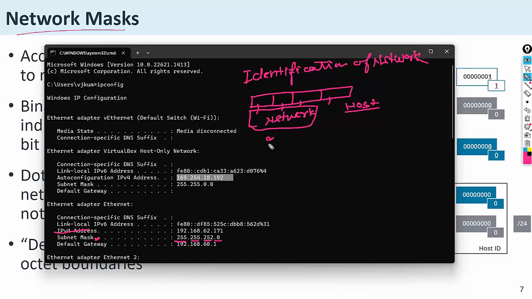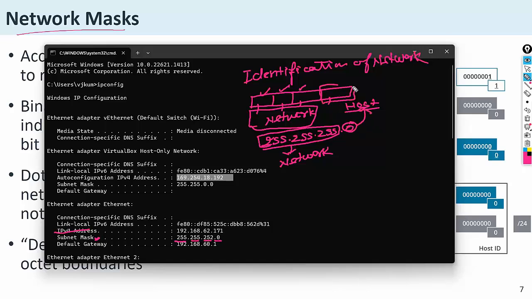For example, 255.255.255.0. It means these are the network ID: the first octet, second octet and third octet will be considered as the network. And the 0 means this is the host ID.